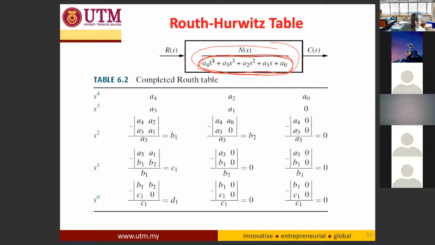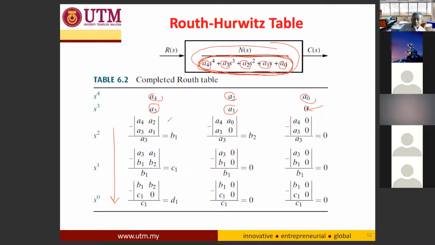So this is what we call the characteristic equation. And our concern is on the coefficients A4, A3, A2, A1, and A0. So we plug in A4, A3, A2, A1, A0, and then the remaining we insert as 0. Then we continue to fill up until the bottom.